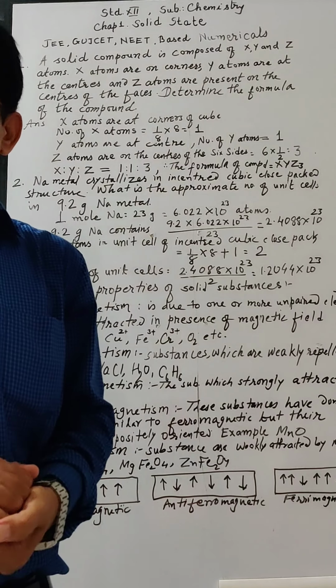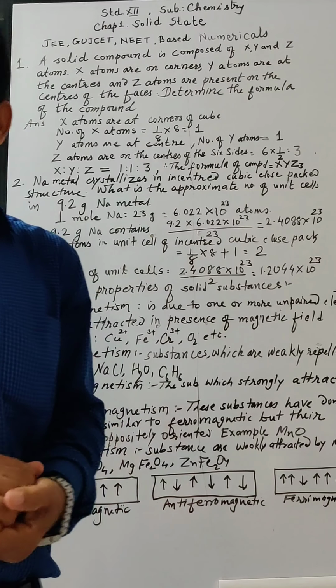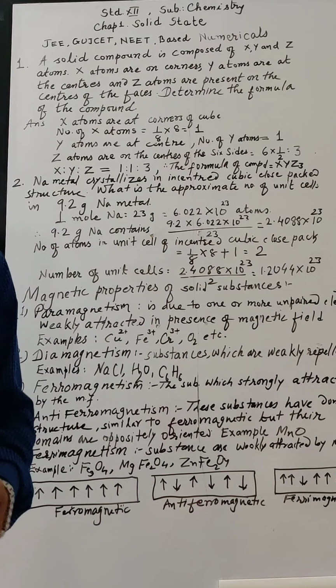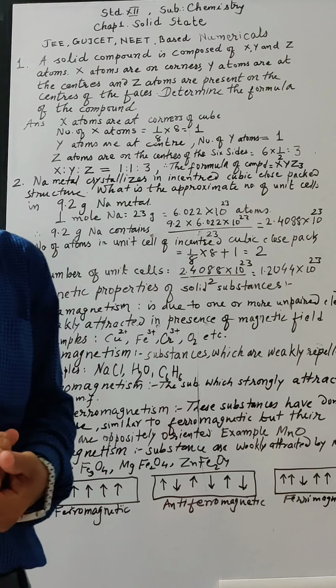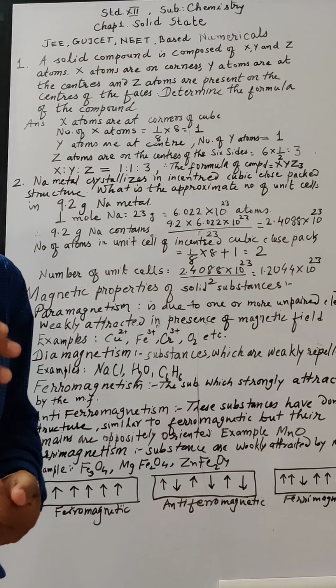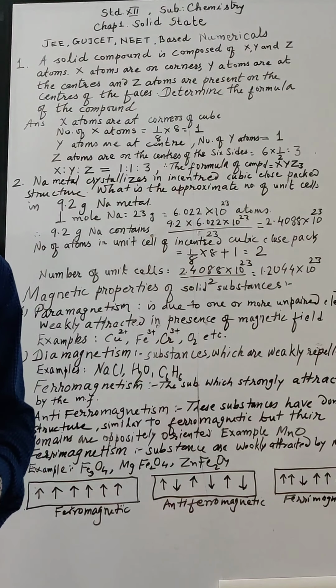Another property, diamagnetism. The substances which are weakly repelled by the magnetic field are called diamagnetic substance.